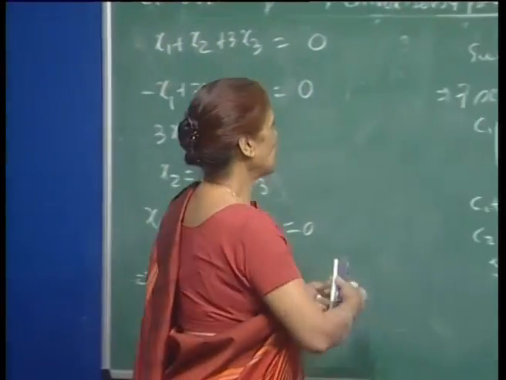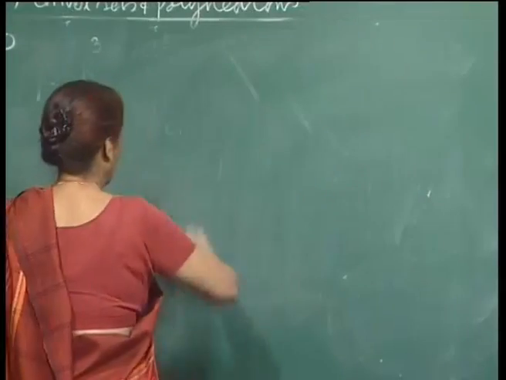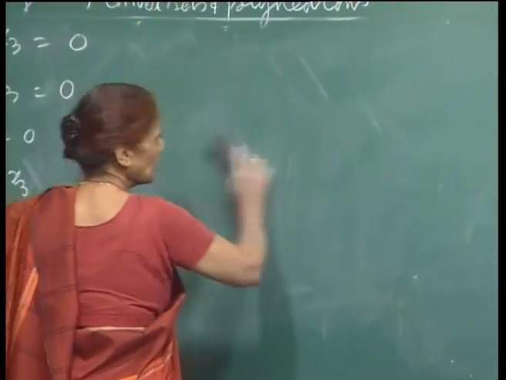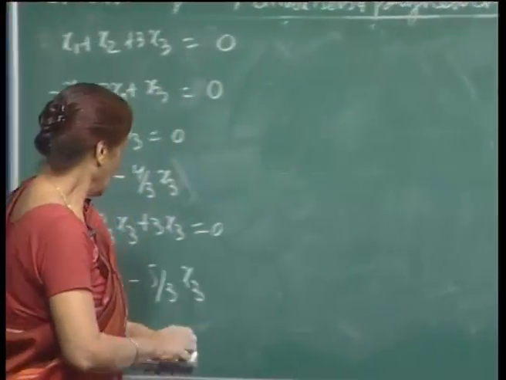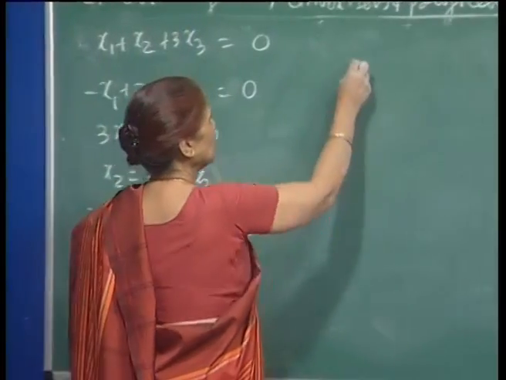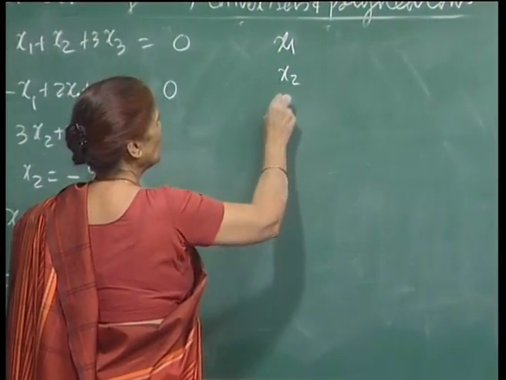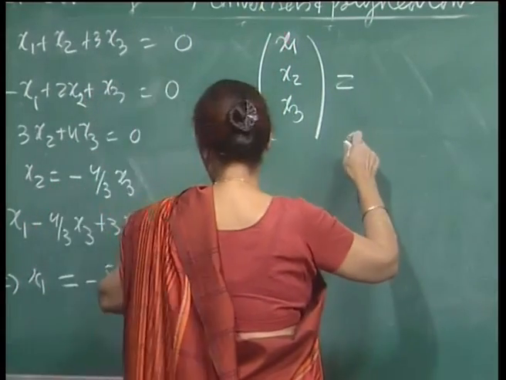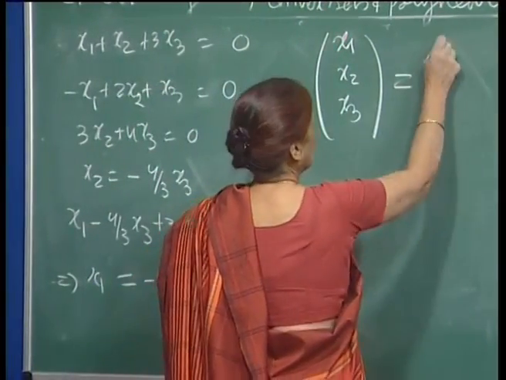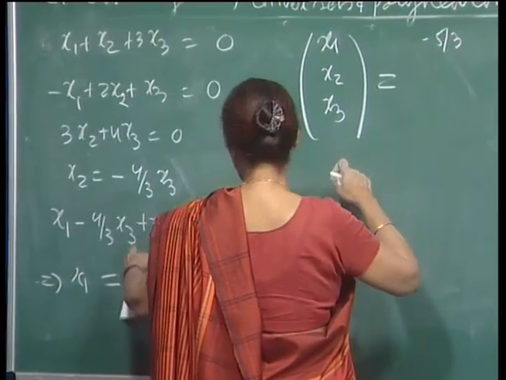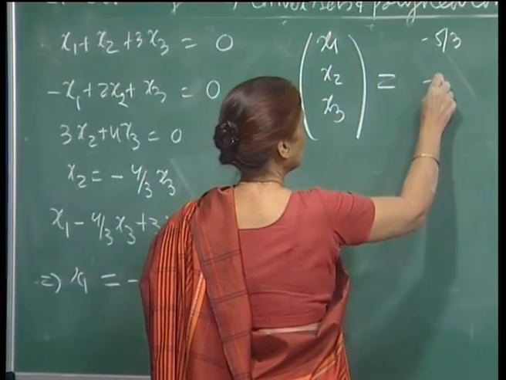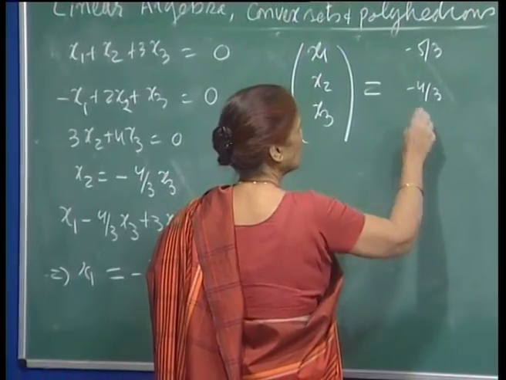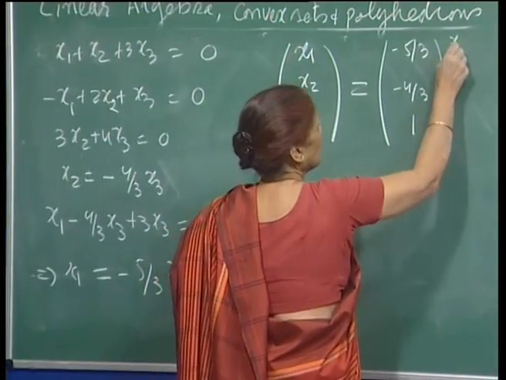So let me give you the general solution here, because these concepts of dimensions have to be understood clearly. What is your general solution? x1, x2, x3 can be written as minus 5 by 3, minus 4 by 3, and 1, multiplied by x3.